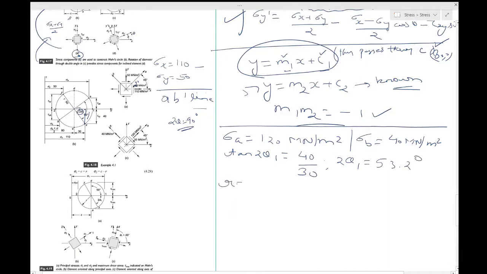The radius of this circle can be easily found out as the square root of 30 square plus 40 square. This dimension is known, this dimension is known, and this is 90 degrees, so this hypotenuse can be found out by this value. That comes out to be 50 MN.